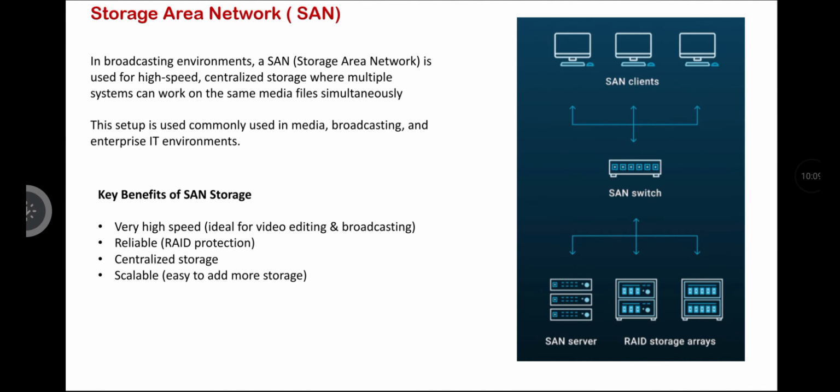This setup is commonly used in media broadcasting and enterprise IT environments. The key benefits of SAN storage are very high speed, ideal for video editing and broadcasting, reliable RAID protection, centralized storage, and scalable, easy to add more storage.